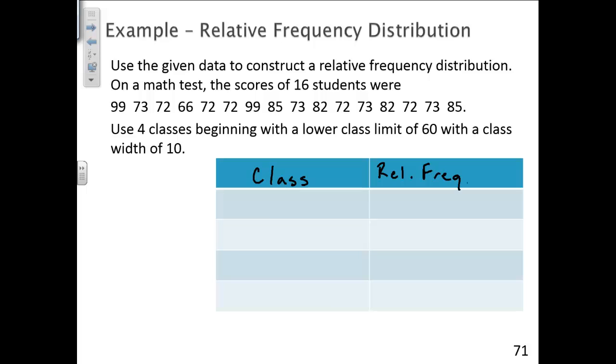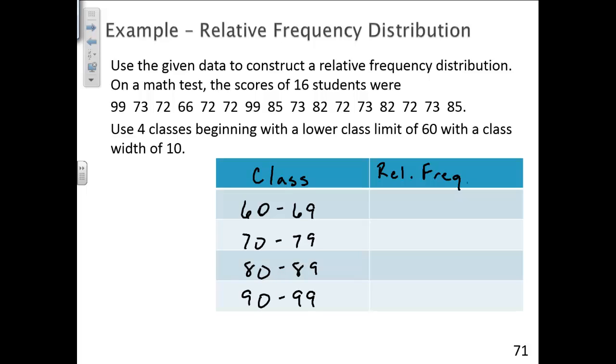So we are going to use 4 classes, beginning with a lower class limit of 60 and a class width of 10. Therefore, our class limits are going to be the same as the previous example. 60 to 69, 70 to 79, 80 to 89, and 90 to 99.